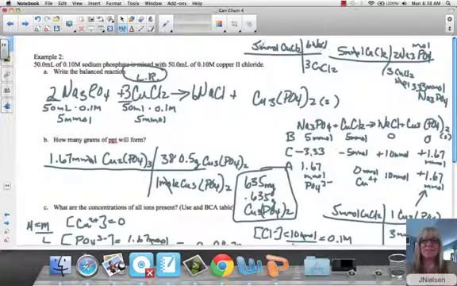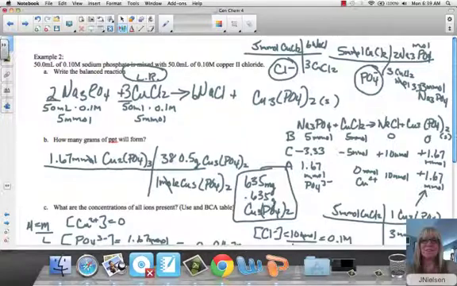Okay, we did this up here to figure out Cl minus. I'm going to put little notes here. And we did this up here to figure out what was left of the PO4 3 minus. And we did this over here to calculate the, well, it was also PO4.